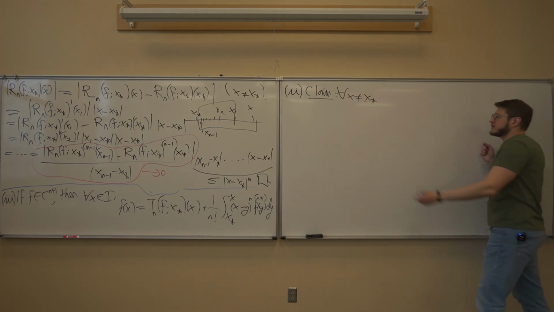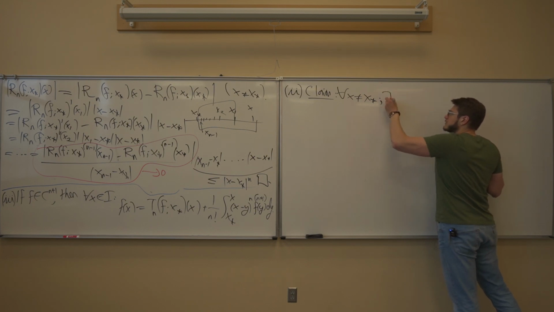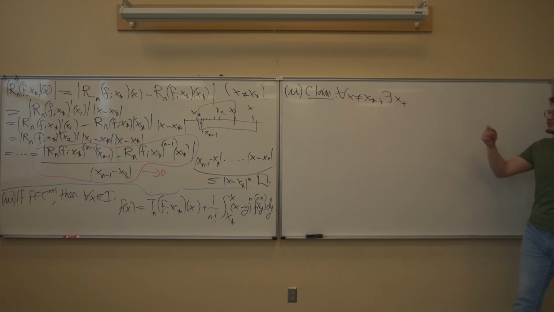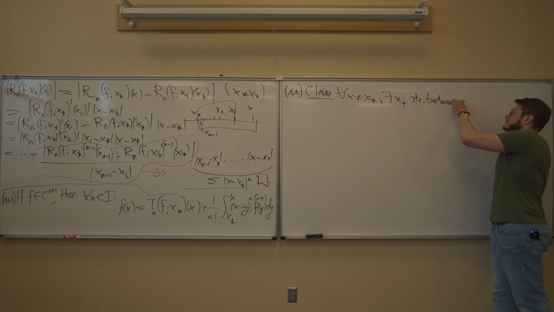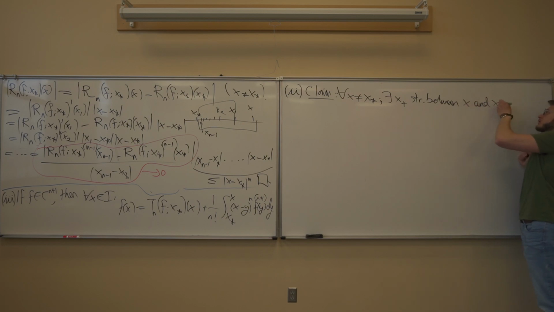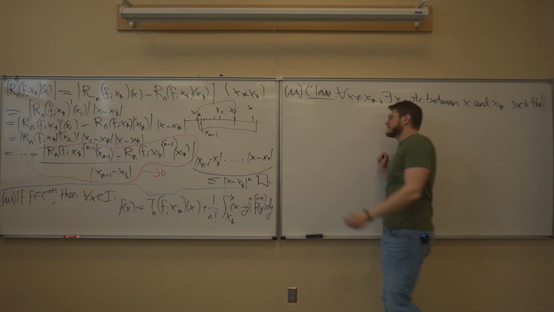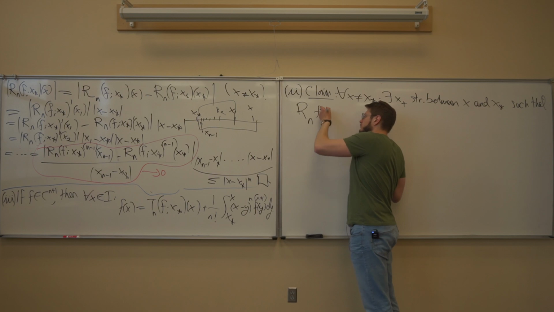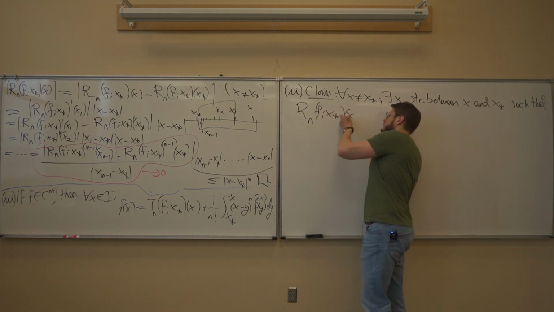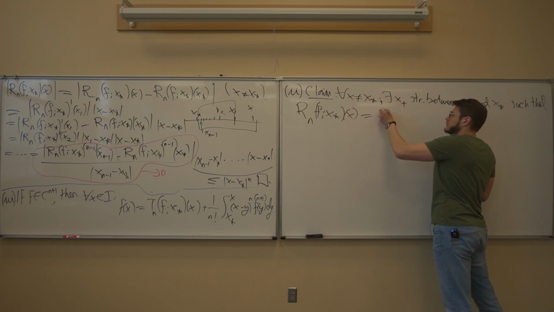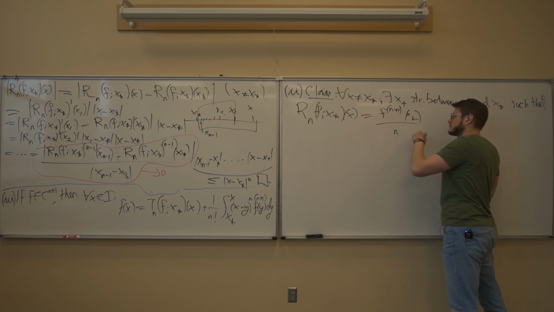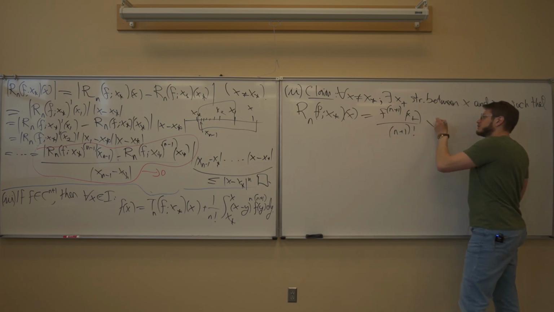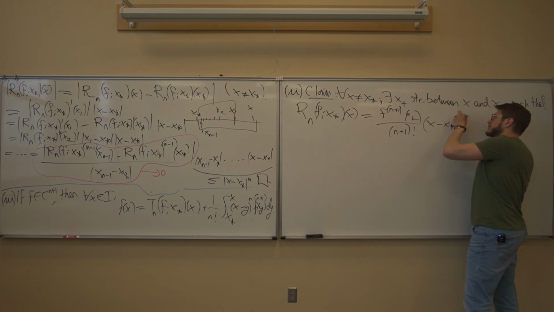If x is not equal to x star, there is an x dagger strictly between x and x star such that the remainder has the explicit form like this: the n plus 1 derivative at x dagger over n plus 1 factorial times x minus x star raised to the power n plus 1.